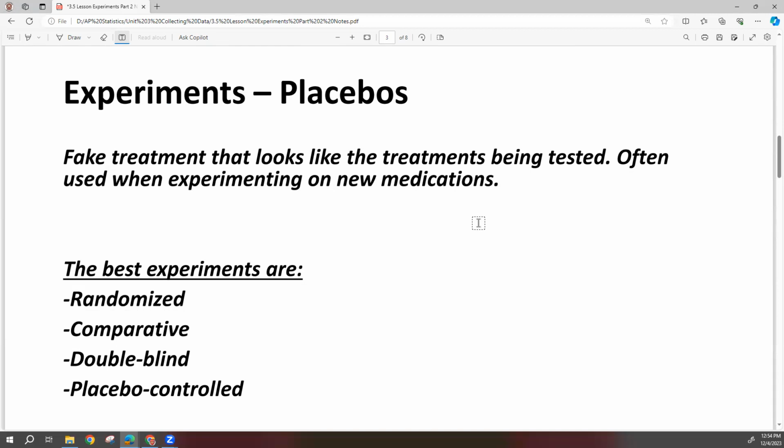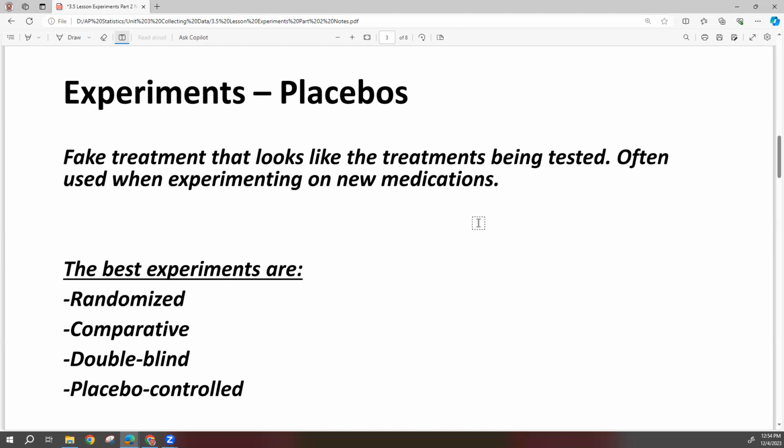Often, in order to create blinding, we use these things called placebos. It's often used with medications, where when we're testing a new medication, we'll want to give one of the groups, which we'd call a control group, something that looks like the medication, so they don't know if they're actually getting a medication or not.